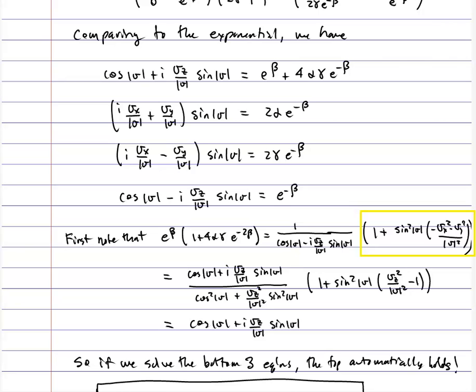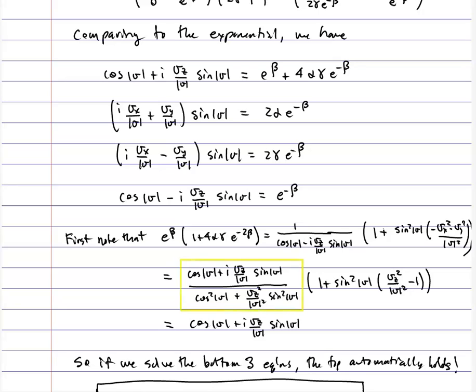That's just the product of the two middle terms. And that's just equal to sine squared v times vx squared minus vy squared, you can verify that pretty easily, divided by v squared. Okay. Now I'm going to rationalize the denominator.